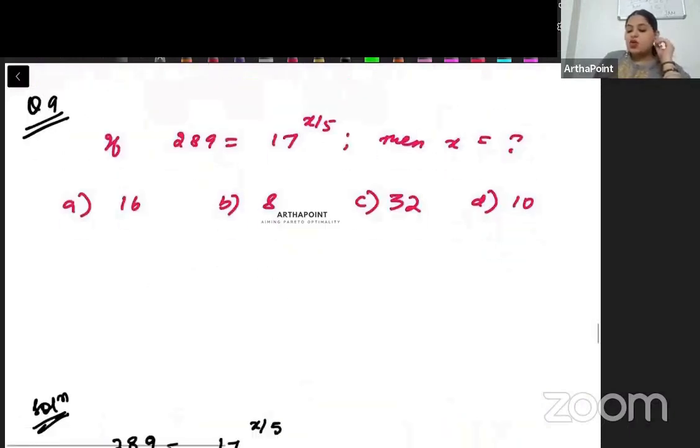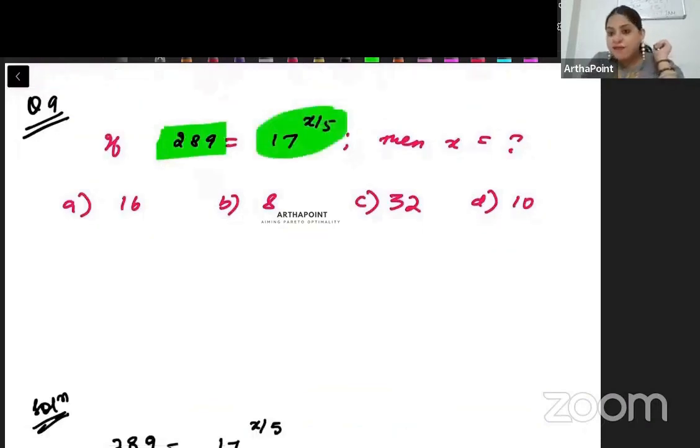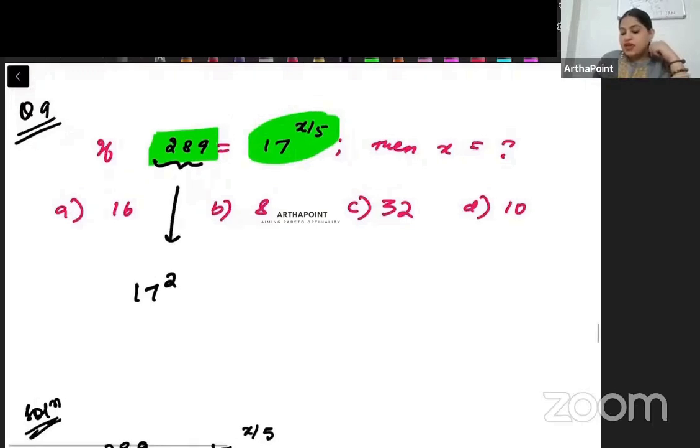It says 289 is 17 to the power x by 5. If you look here, you will notice that 289 is 17 to the power 2. So you have 17 to the power 2 is equal to 17 to the power x by 5.